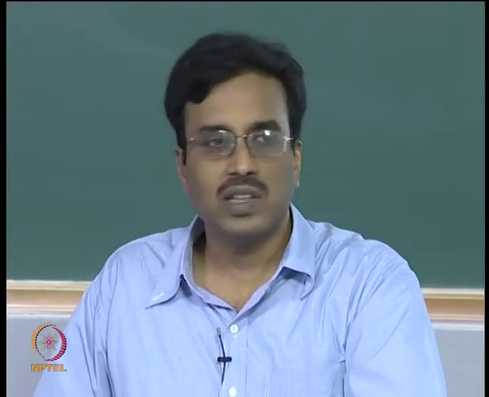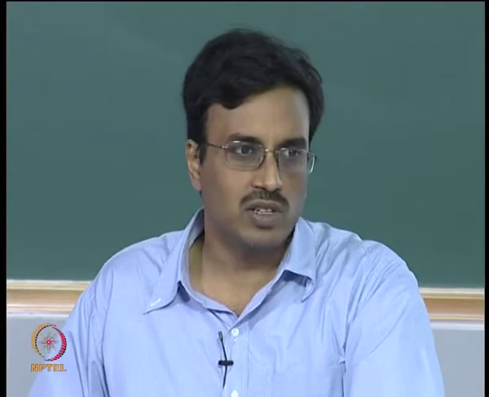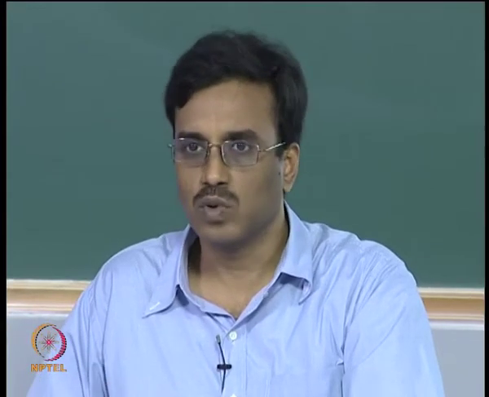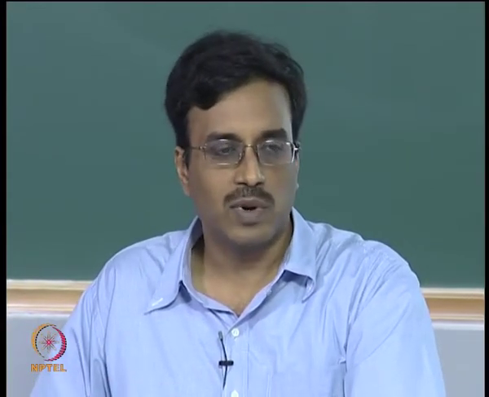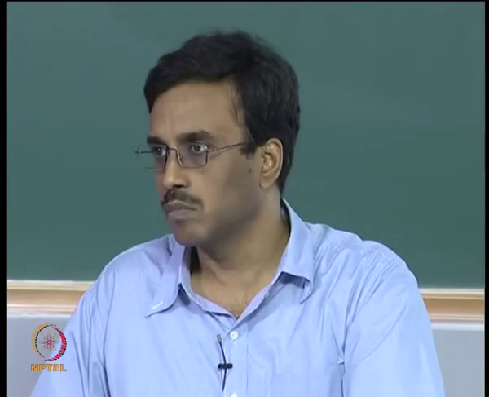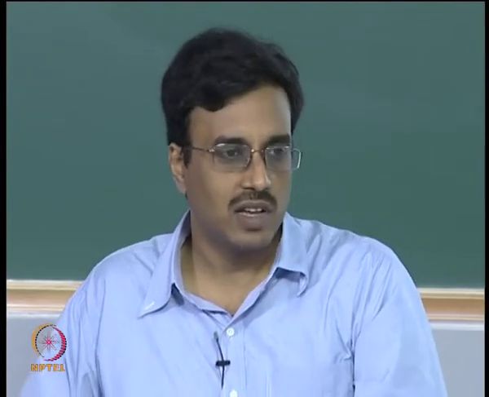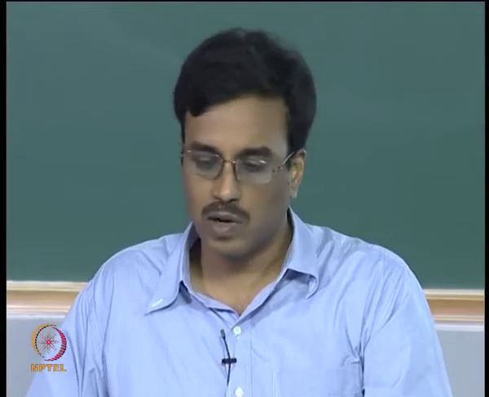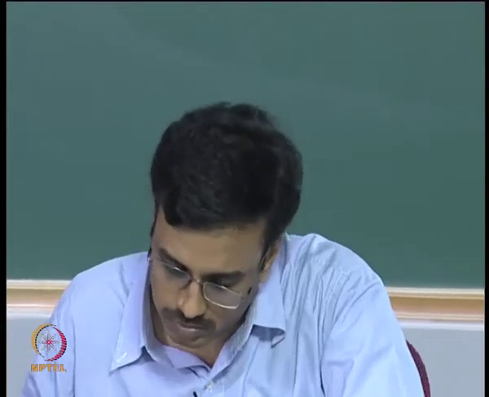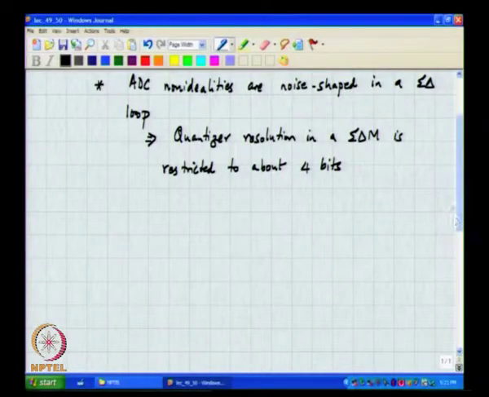Less than that is too little resolution, more than that is within quotes too difficult to do. So, in a lot of systems a 6 bit resolution is apparently enough, in which case you go for a 6 bit flash converter if latency is a problem. A classic case in point is the disk drive read channel system that I was describing to you way earlier in this course. Okay.